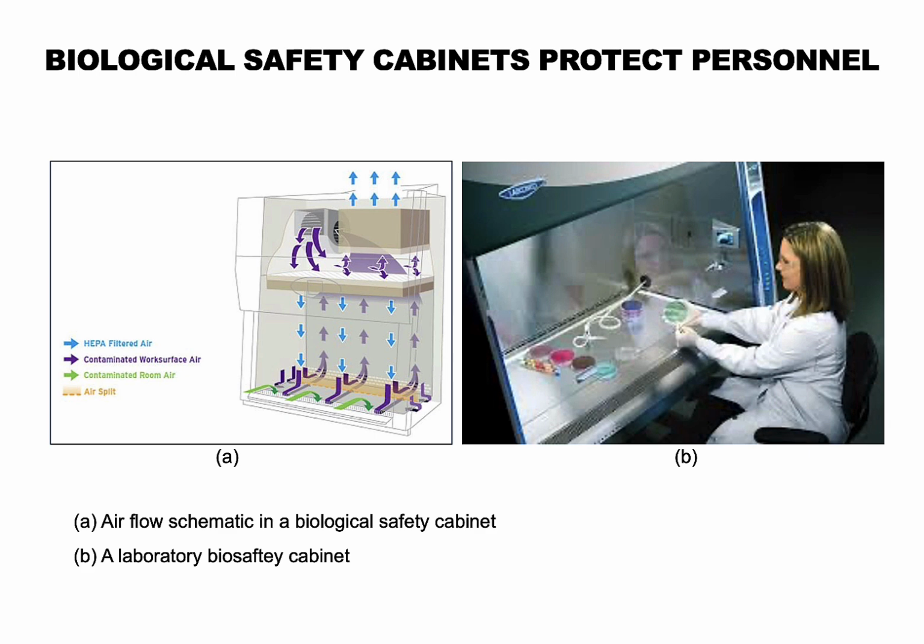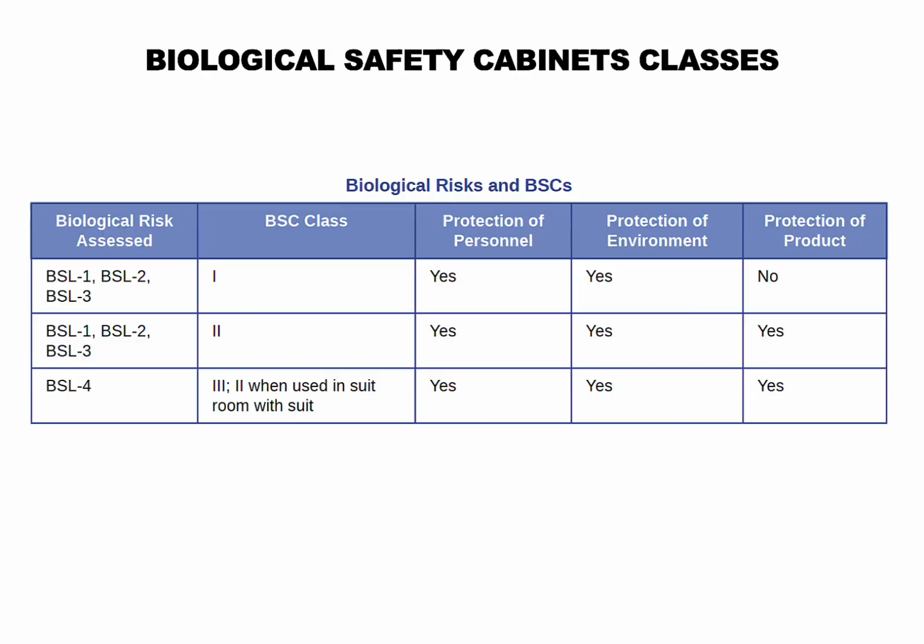This dual function helps maintain a safe workspace for laboratory personnel. There are three classes of biological safety cabinet: Class 1, 2, and 3, each offering varying levels of protection for laboratory workers and the environment.